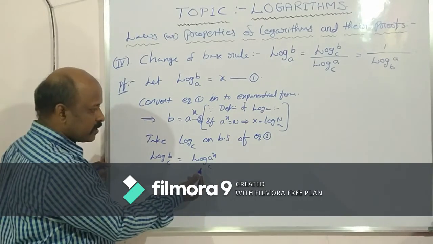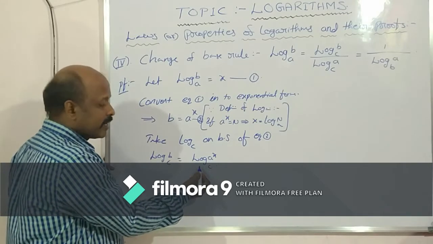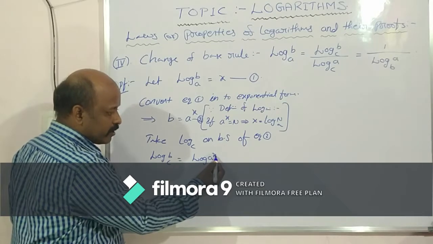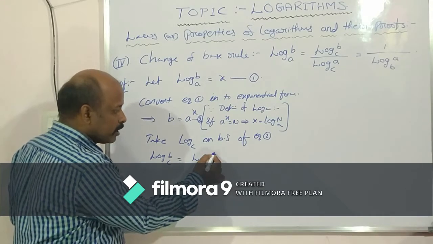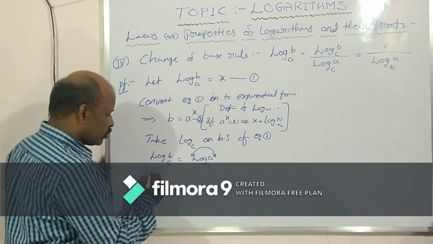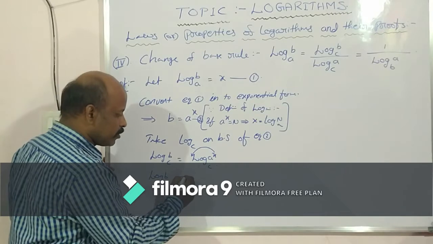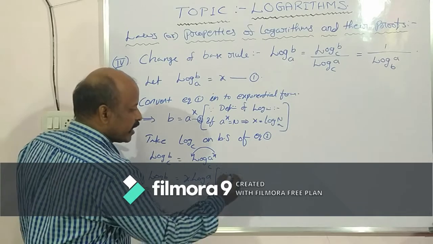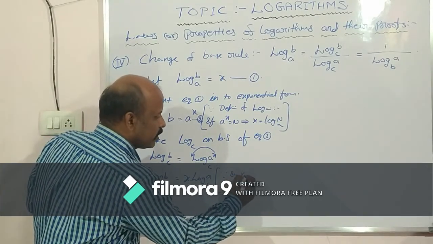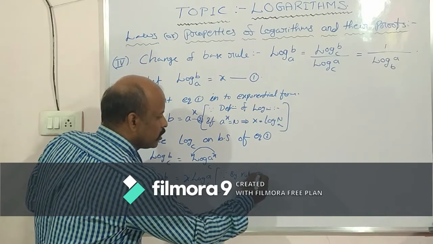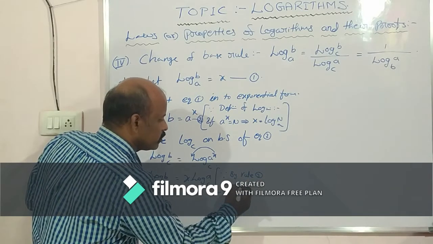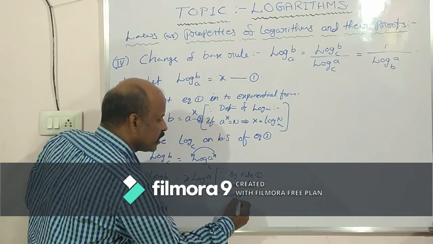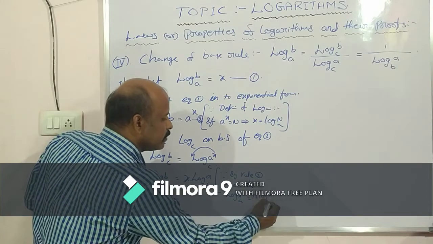After taking this, when we observe the RHS, right hand side, it is in the form of power rule. You can utilize the power rule over here. This x I am going to write in front of log. So log b base c is equal to x log a base c. Since by rule number 3, power rule: log x power n base a is equal to n log x base a.